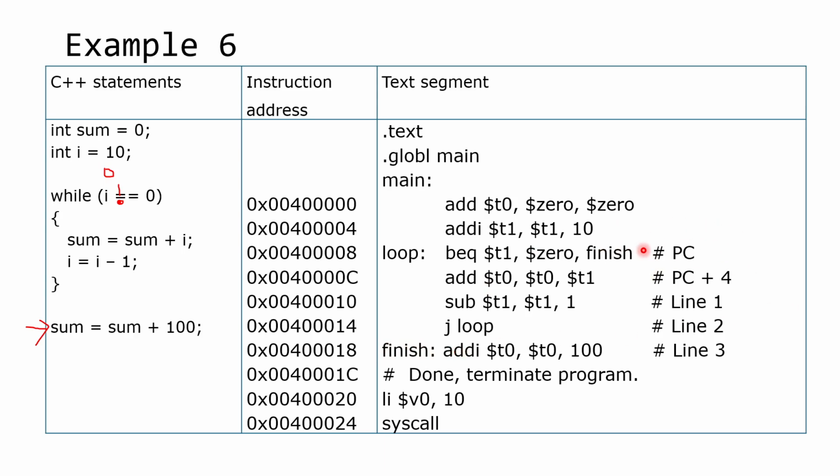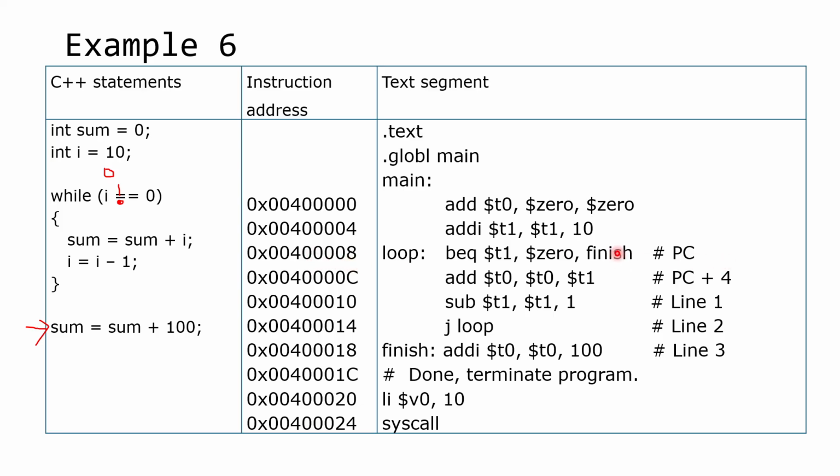Your PC, the program counter, is currently on this location. So how do they calculate the machine instruction? They look at the finish here, and then they look at the PC. When they load the program, the instruction address will be determined. So here the PC content is 0040008.